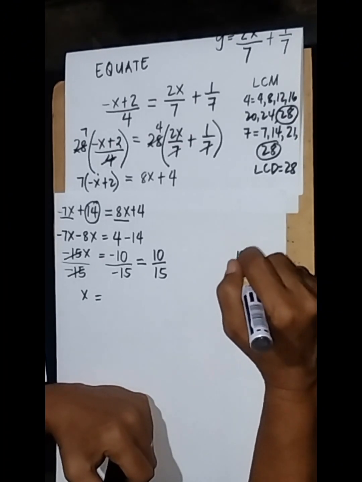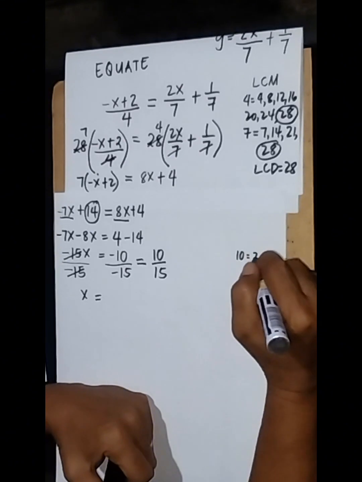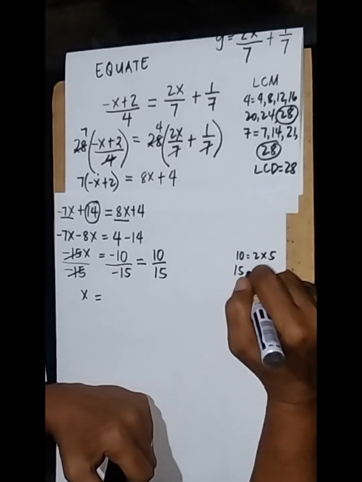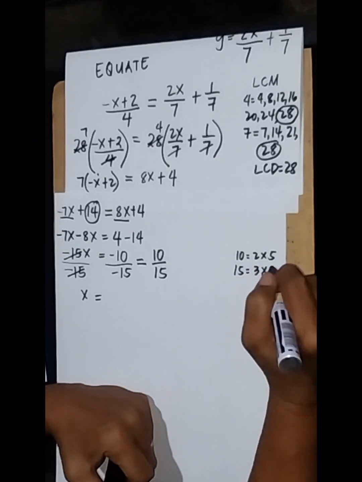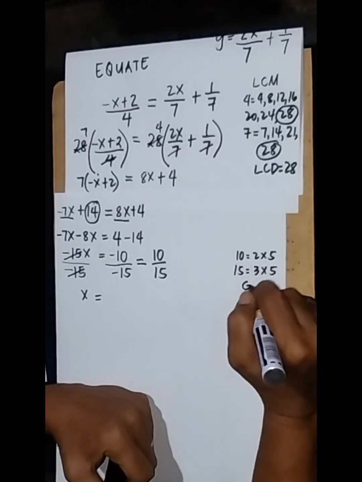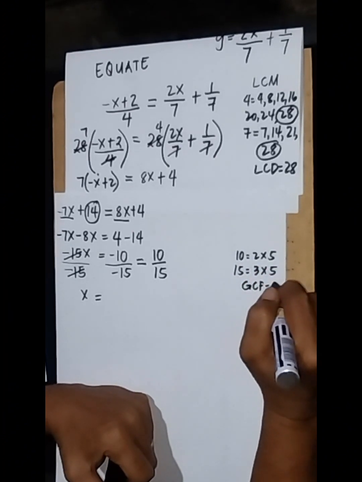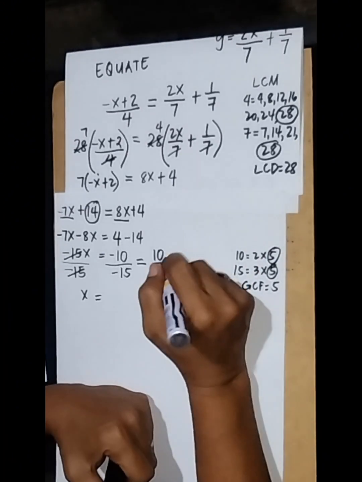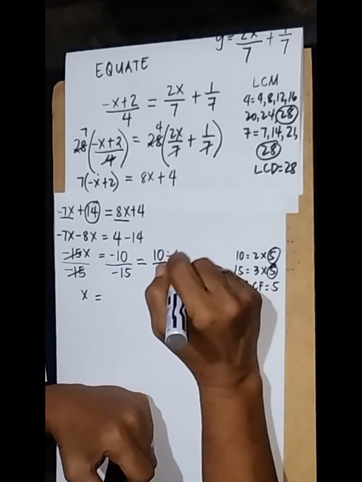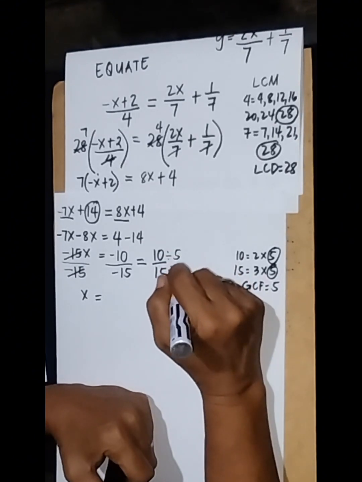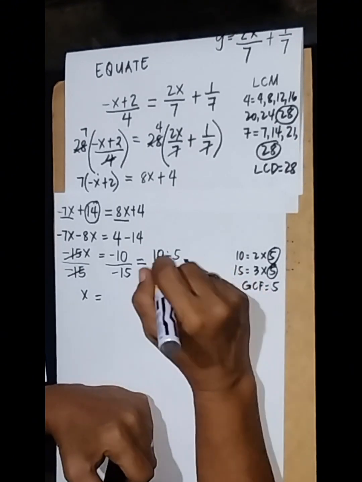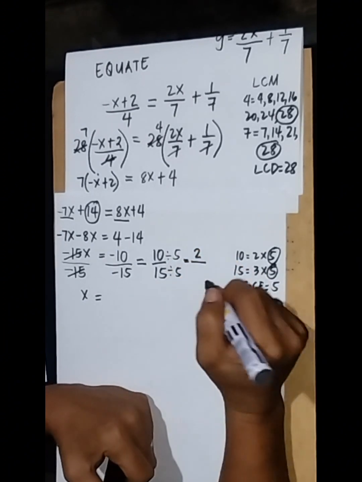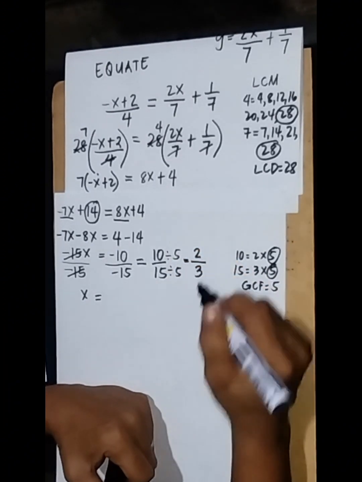So, 10 is equal to 2 times 5, and 15 is equal to 3 times 5. So, our GCF is equal to 5. We divide the numerator by 5, and also the denominator by 5. So, 10 divided by 5 is 2, and 15 divided by 5 is 3.